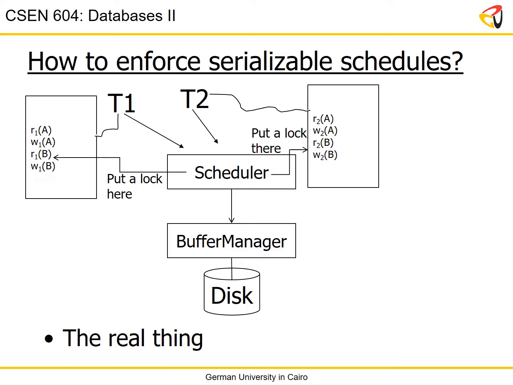It does not really extract the steps and arrange them as I have been describing before. That was more of a conceptual explanation, but what really happens is it inserts these locks, these system calls or function calls, in between the reads and writes to get the behavior we have been describing early on, a conflict serializable schedule. Okay, and we will see exactly the impact of that shortly.